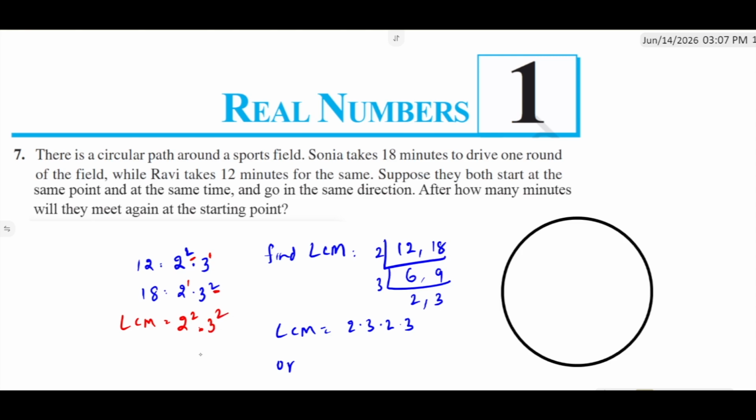If you simplify and multiply this, you get 36 as our LCM. That means after 36 minutes they are going to meet at the starting point. So after 36 minutes Sonia completes 2 rounds and Ravi will complete 3 rounds, and they will meet again at the starting point. Hope you understand all the lecture.